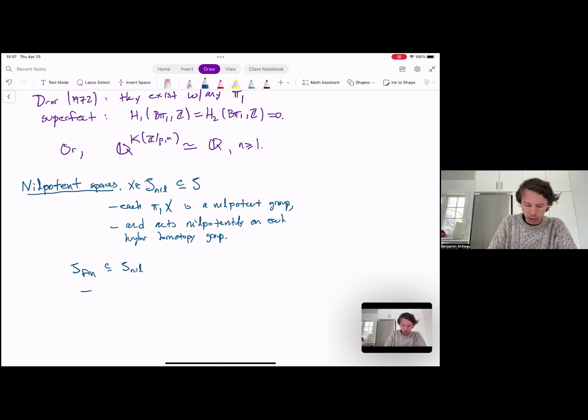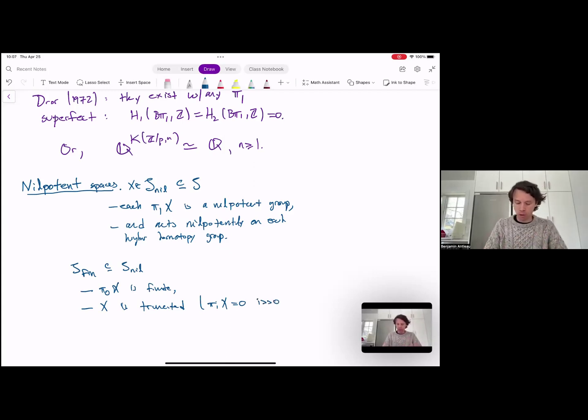Let me impose here the additional hypotheses that pi_0 X is finite, and X is truncated, so pi_i X is zero for i sufficiently large, and since pi_0 X is finite, then there's in fact a uniform bound that works on each component.